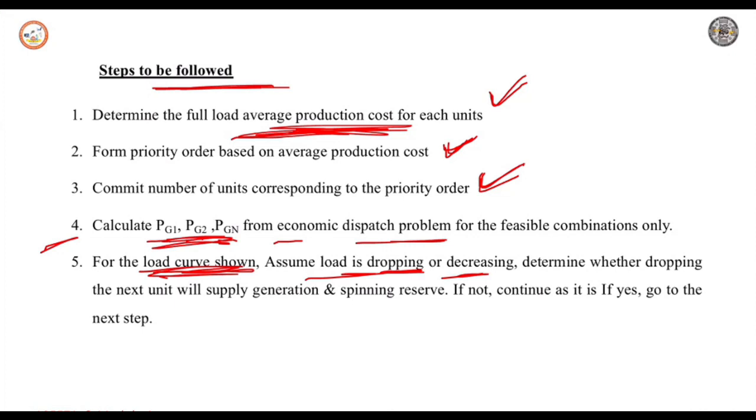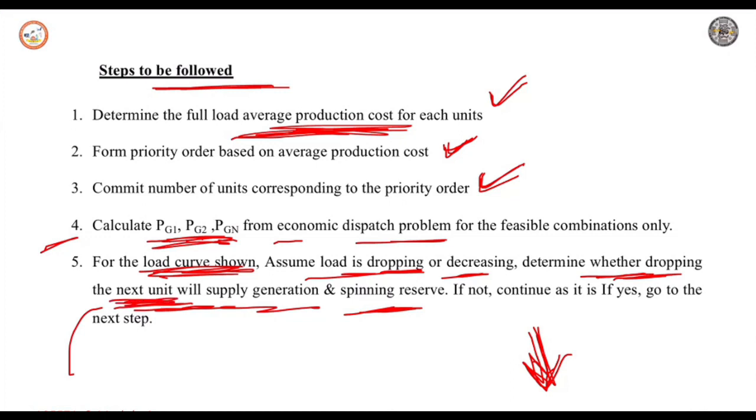If the load is decreasing, then we need to determine whether, on dropping the next unit, the remaining units will supply the generation plus the spinning reserve.